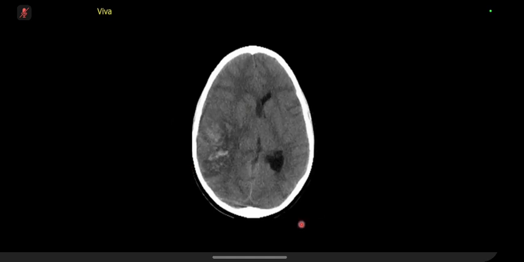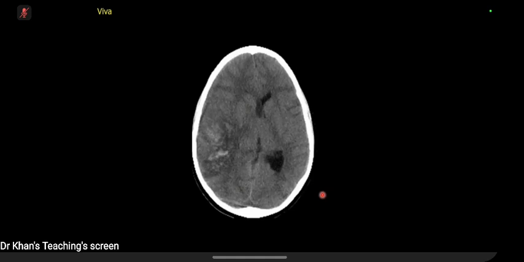Yeah, there is trauma. So it's an axial CT slice non-contrast with areas of hyperdensity in the right parietal region with surrounding edema and sulcal effacement.